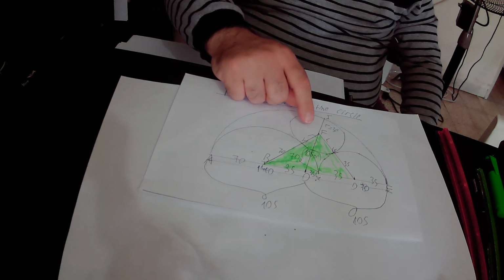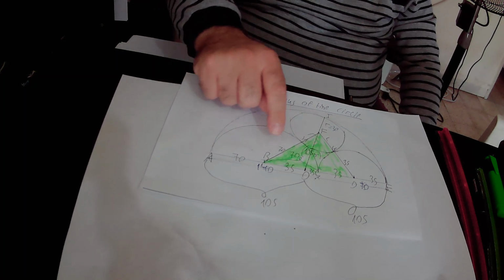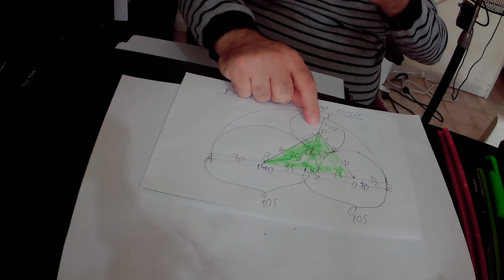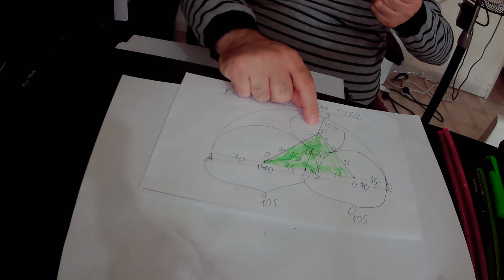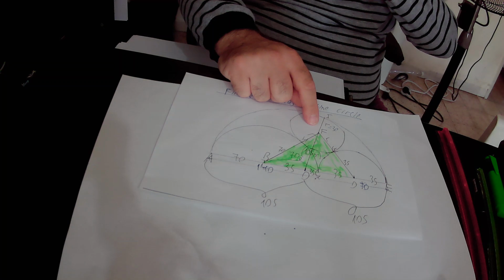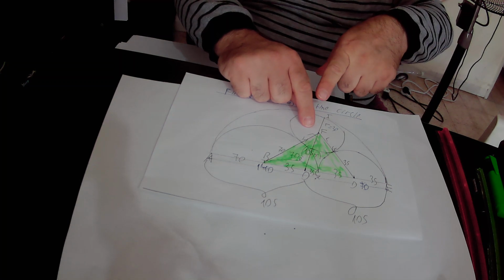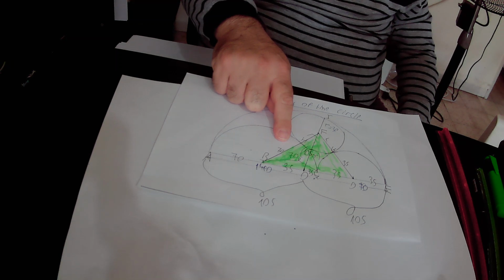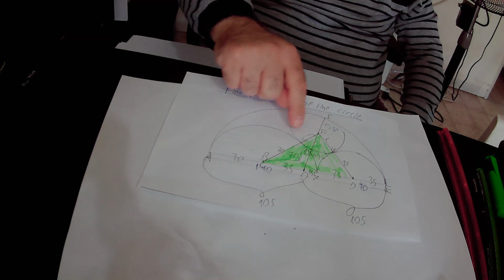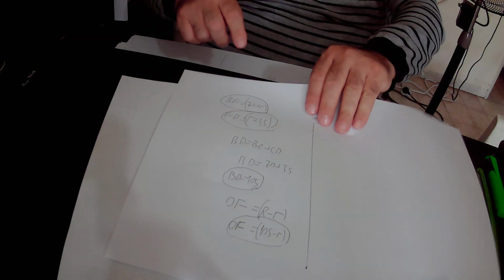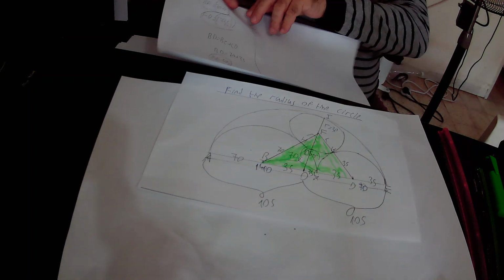Therefore, the distance between their centers, whenever we have an external notch, will be equal to the addition of their radii. The radius of this circle is small r. The radius of this semicircle equals 70. Therefore, FB, or BF, equals 70 plus r units.